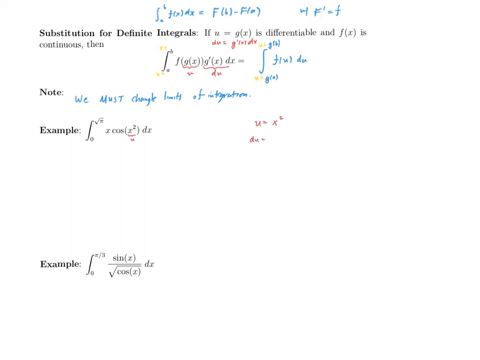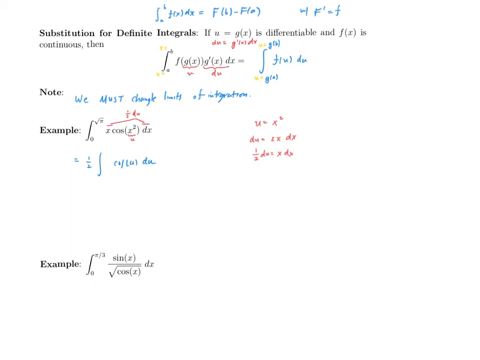So du would be 2x dx. Note we have an x dx, so 1/2 du can play the role of x dx. So immediately we can put our entire integrand solely in terms of the variable u. 1/2 is a constant that pulls out front, and we're left integrating cosine of u.